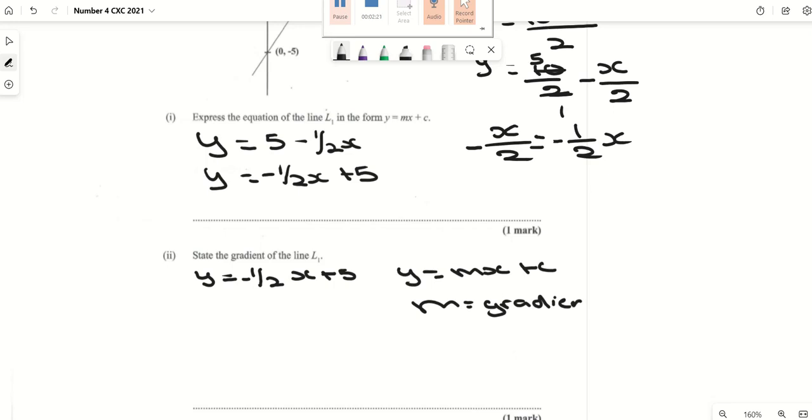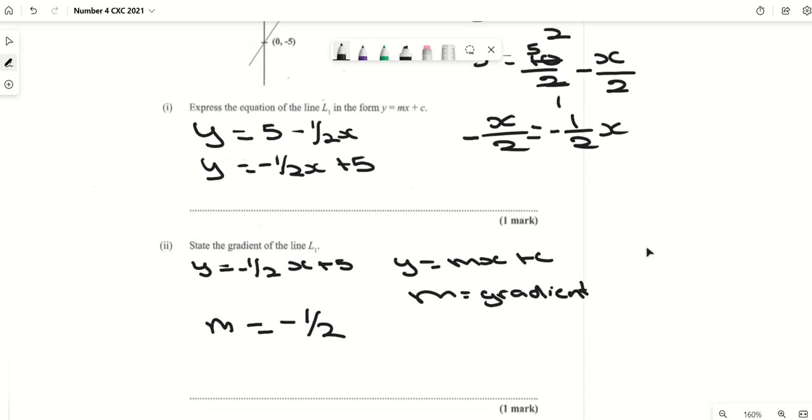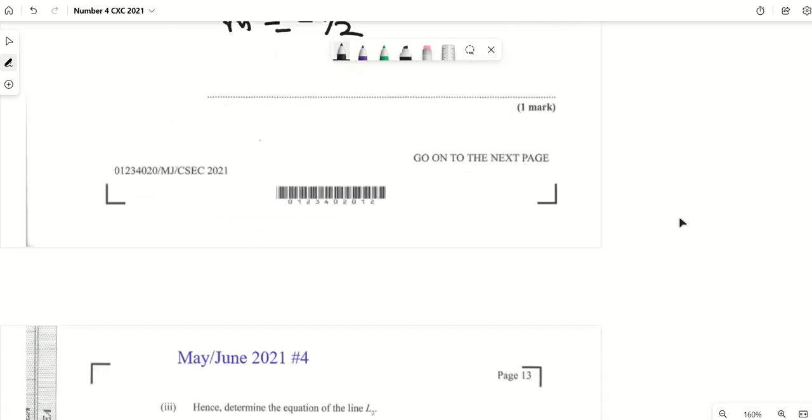So we look at our equation for the coefficient of x, which is the number and the sign in front of x. So my gradient from this equation is minus a half. Do we understand?